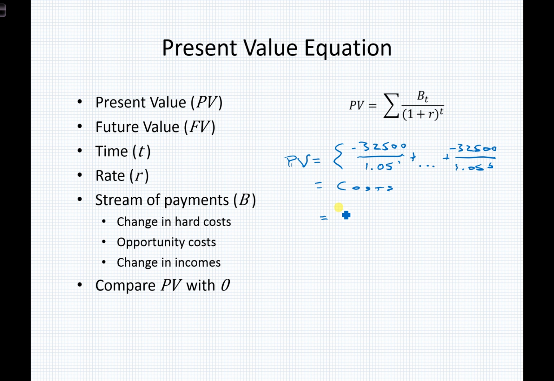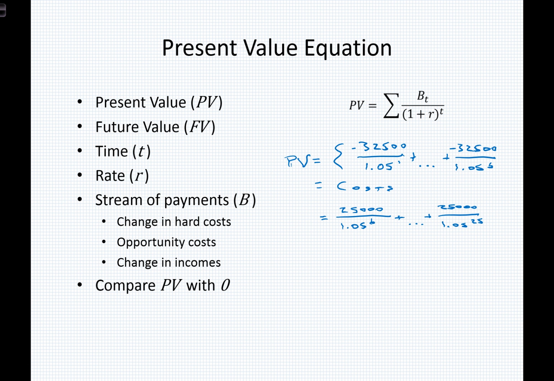So I'm going to expect a gain of $25,000 of income each year that I wouldn't have had otherwise, over 1.05, this time to the sixth, plus, through to, 25,000 over 1.05 to the 25th.